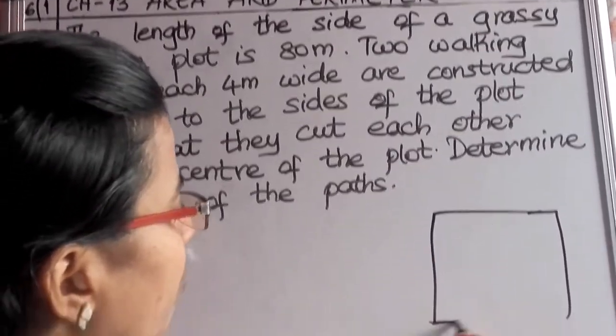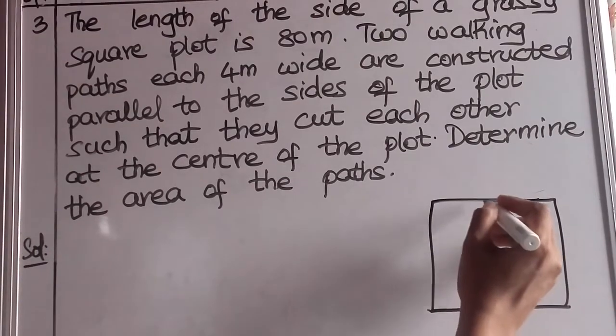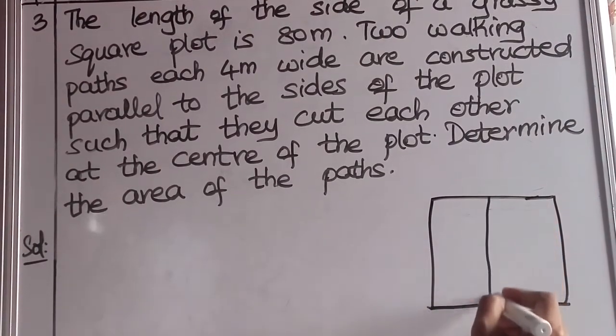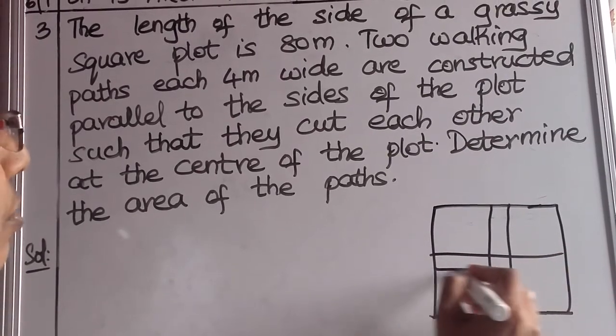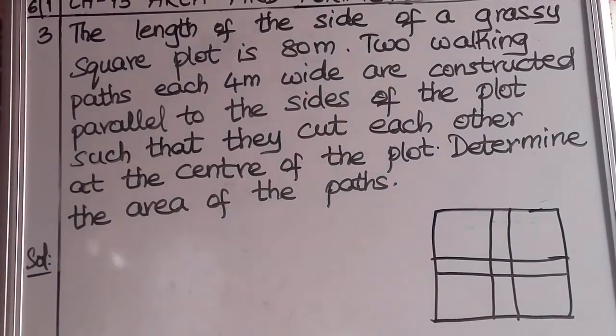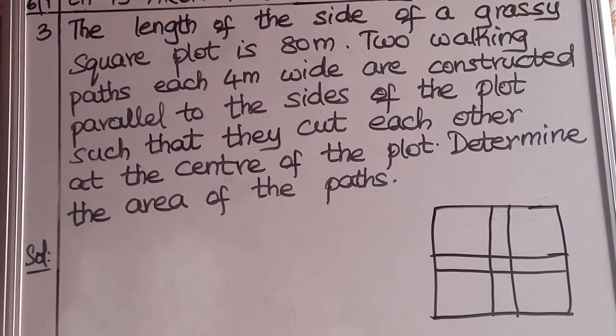First, you know that the plot is a square plot. Now what do we have? We have paths. Parallel to this side you have one path, parallel to this side you have another path. So here let me label so that it is easy for you to understand.